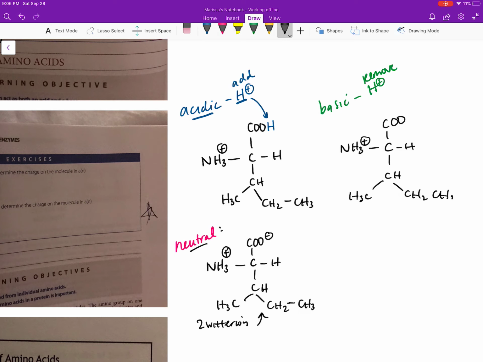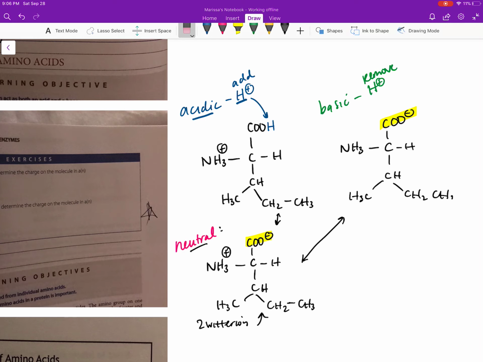Okay, so if I start with the neutral form, so now I'm neutral, I've already taken away the proton from the COOH group, and that left me negative, so that happened at a neutral pH. So now if I'm going to draw the amino acid in the basic form, I'm not going to change that group right there because I've already removed the proton when I moved through the neutral pH.